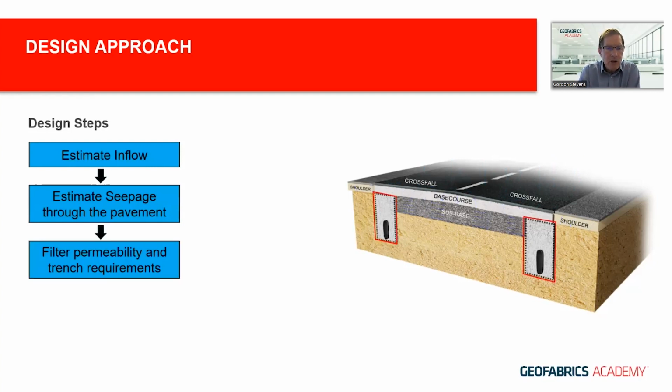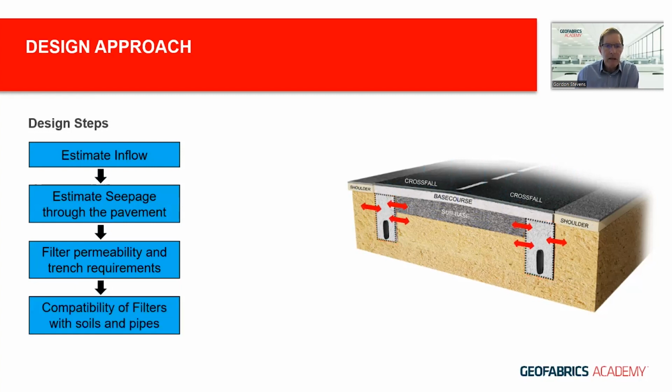We need to look at the filter permeability and trench requirements to meet the inflow criteria. We also need to check the compatibility of these filter materials with the surrounding soils and the pipe system that we're using. And lastly, we need to select the appropriate pipe size for our drain.